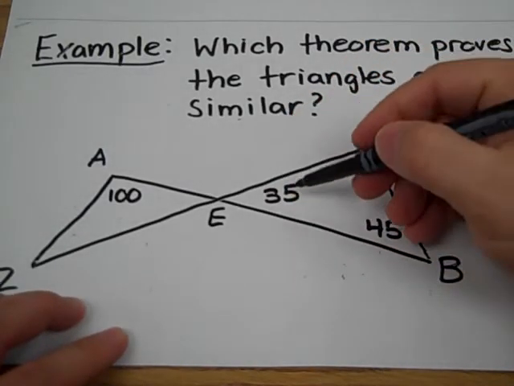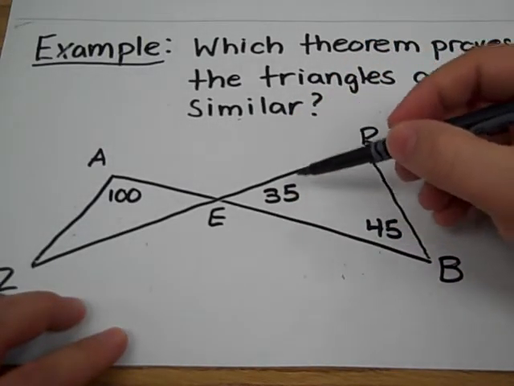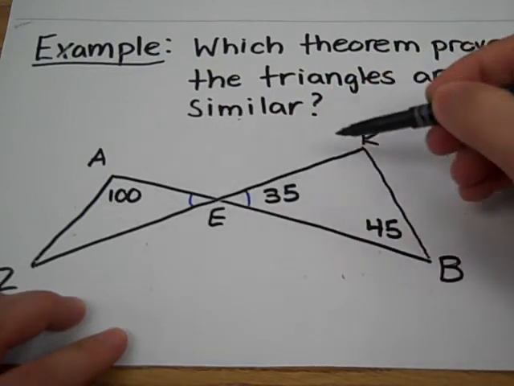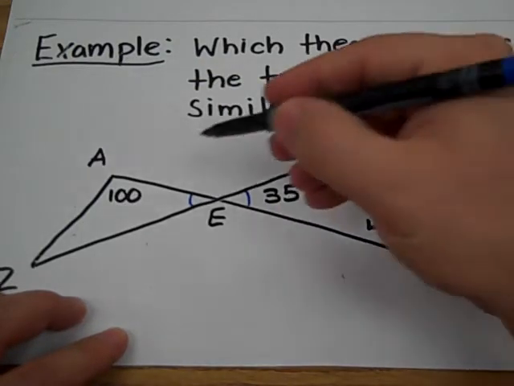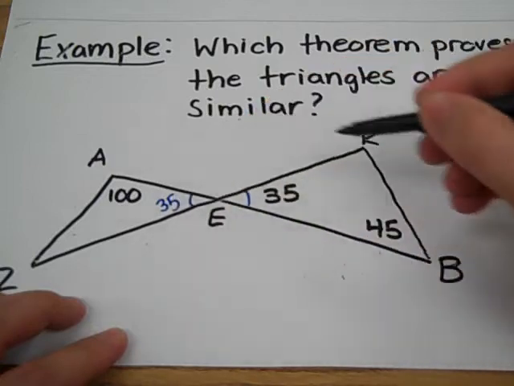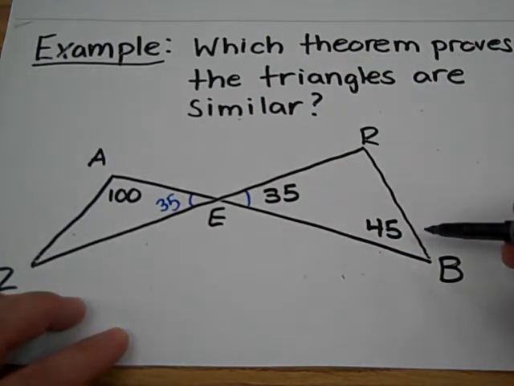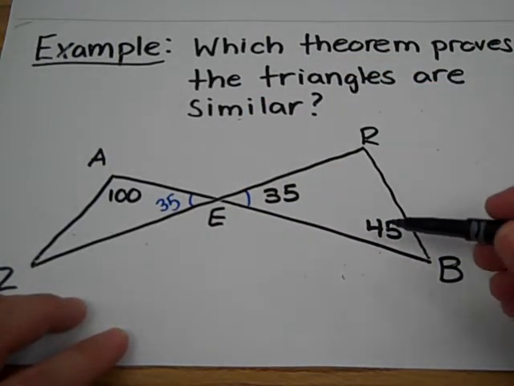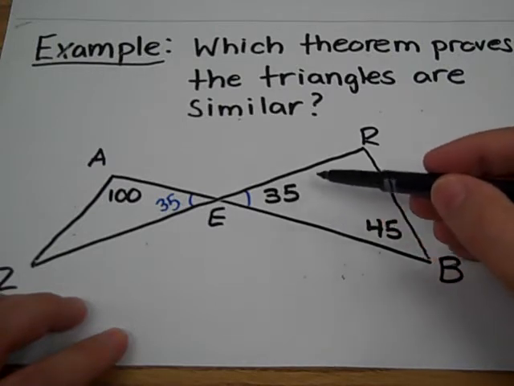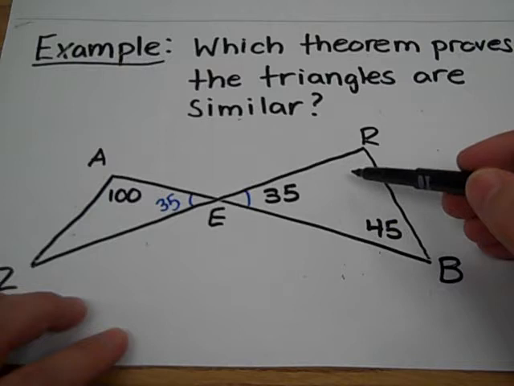Remember from a while back, I have vertical angles here. So I know that since this is 35, this angle is 35. And then we also know that in triangles, the angles add up to 180. So this angle of 45, this angle of 35, and this angle we don't quite know need to add up to 180.